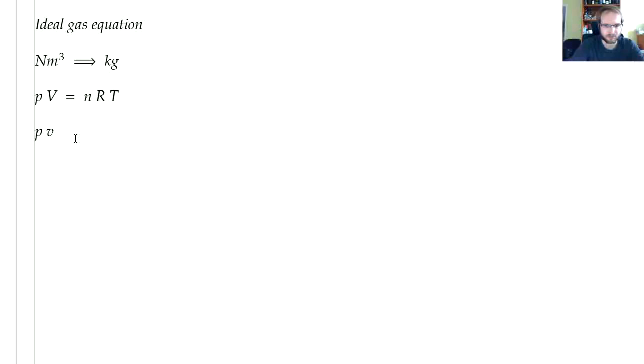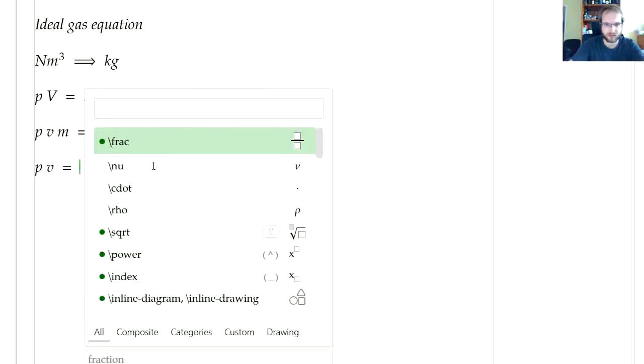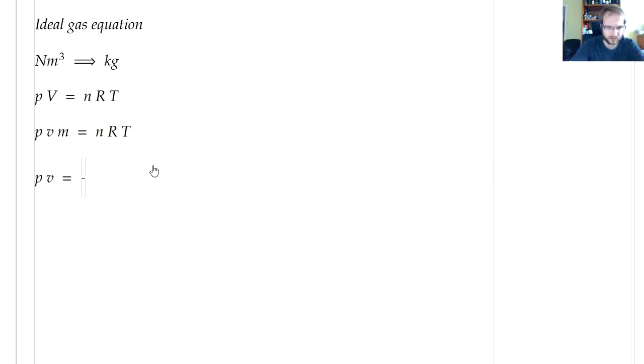So P v m, v times m being the capital V, is nRT, and from this we can get to Pv equals n over m RT.